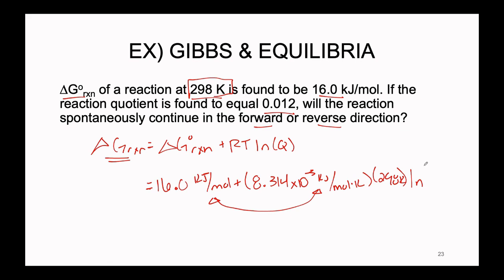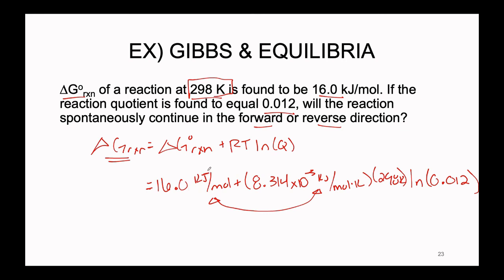Now Q, much like K, does not have a unit associated with it, since we are looking at a ratio of molarities, or a ratio of whatever your concentration unit is. It's safe to assume that they're going to cancel out. So this Q does not have any type of unit that we'd have to worry about. But here we have a way now to calculate what the Gibbs free energy is going to equal.